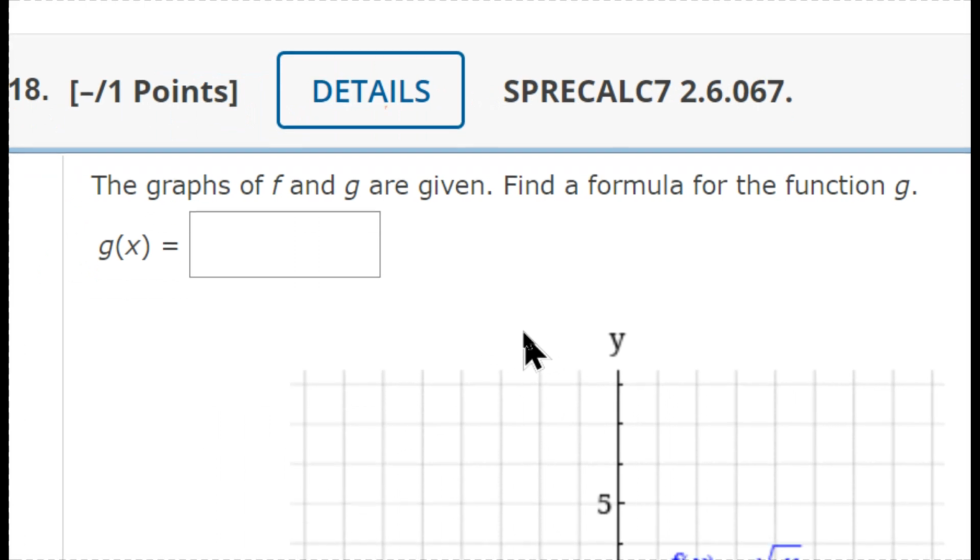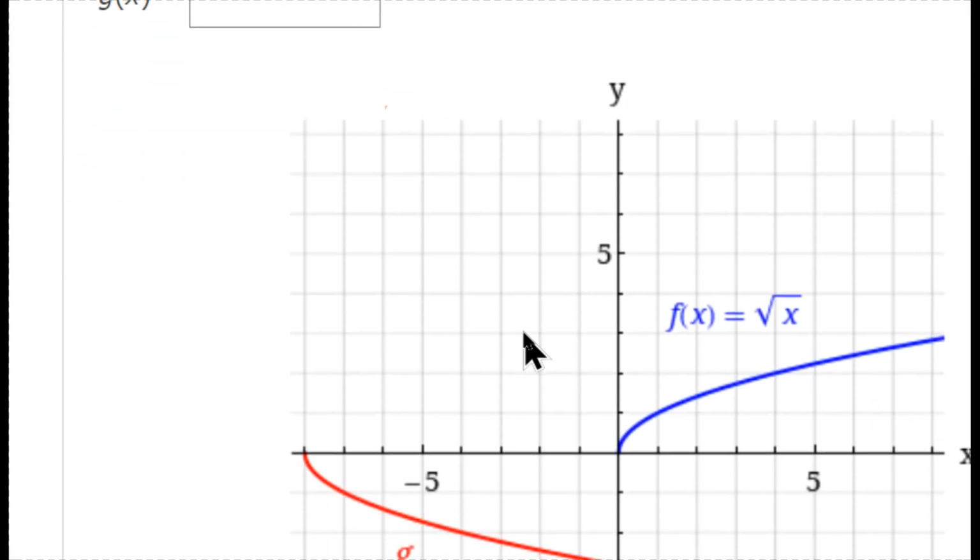Seeing if there's anything else here that's tricky looking.